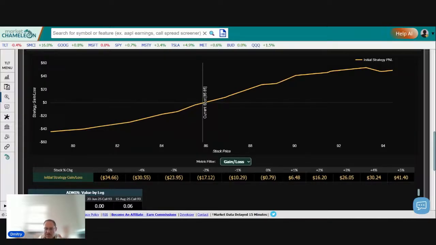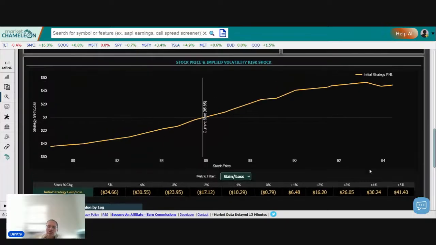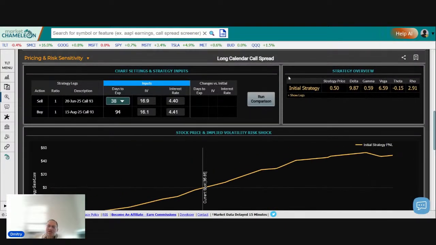So now we get a sense of the risk of this strategy, and let's test out the sensitivities of the strategy. Let's say we're interested to see the impact of this strategy as time goes on. So what is the time decay?